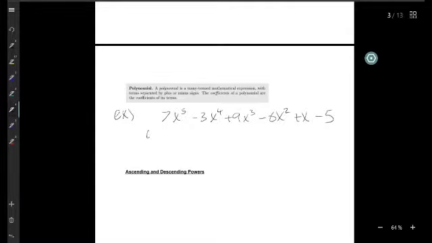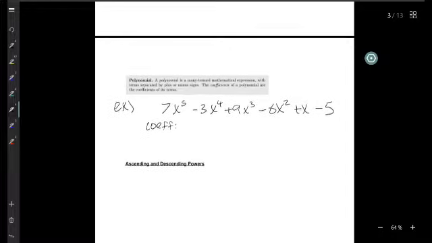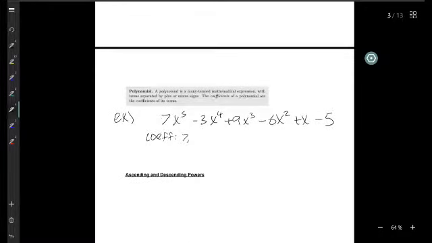It has coefficients of 7, negative 3, 9, negative 6, 1, negative 5.